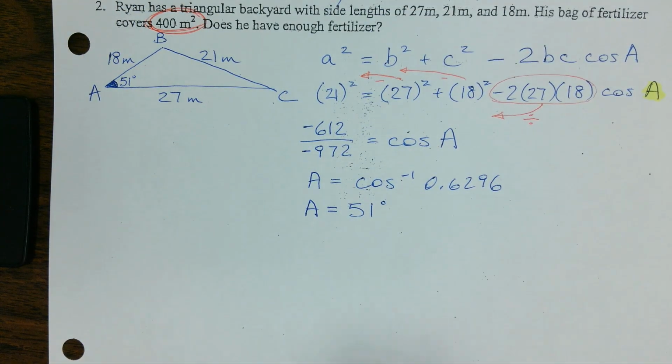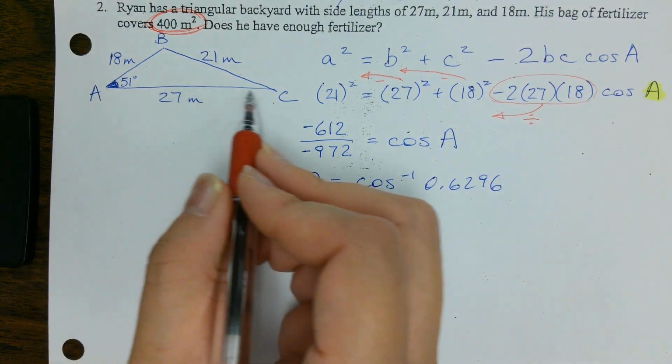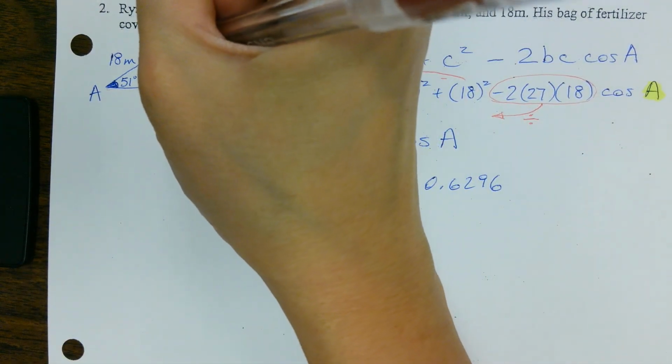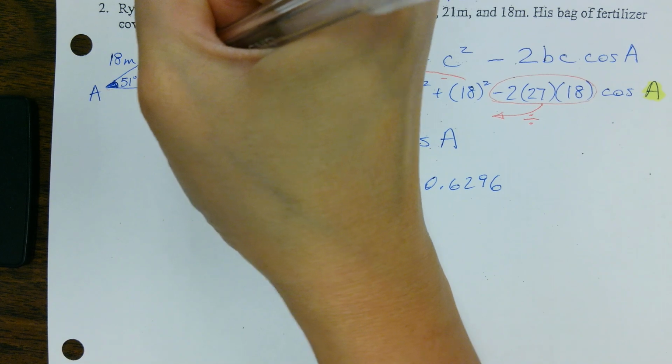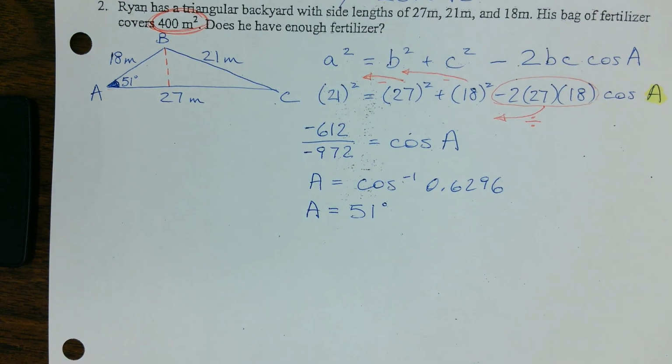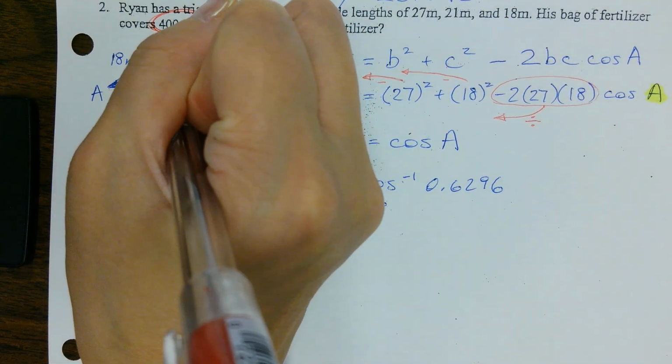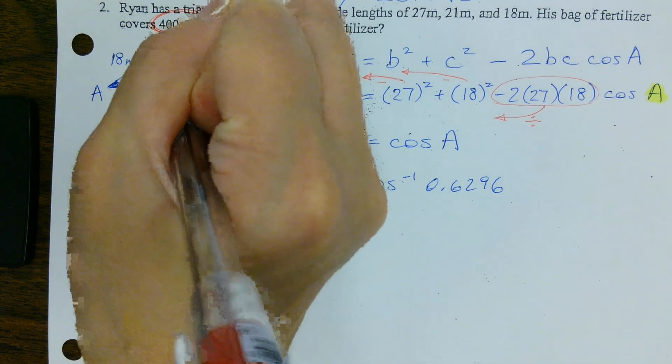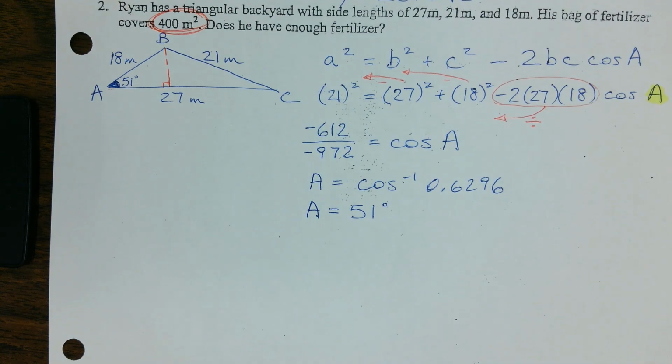But, well, if you want to find the area of a triangle, you need base and height. I have the base, but I don't know the height, which is this. Now, can we find the height? Since we're given 51 degrees. Yeah, because now this is a right angle triangle.